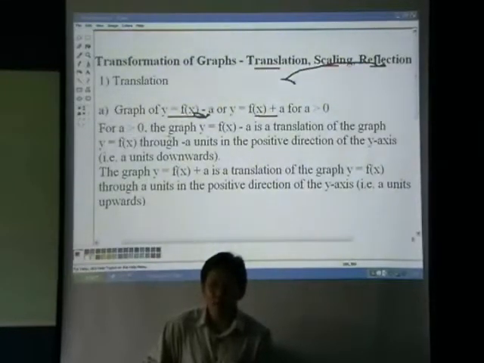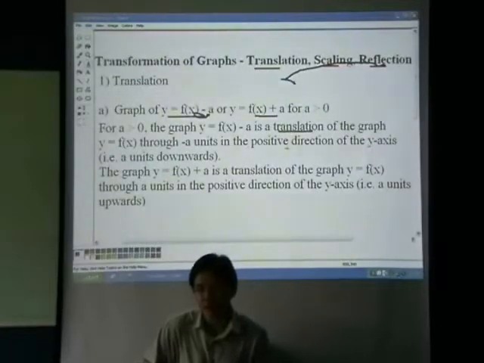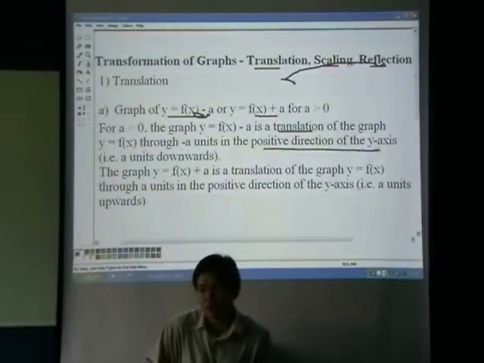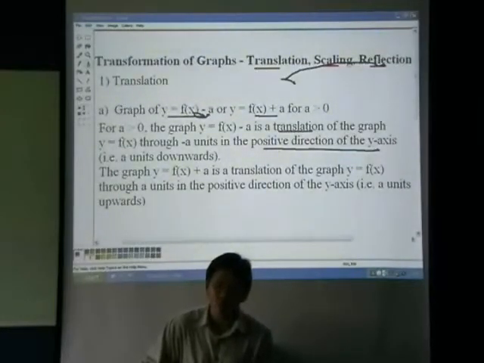For a greater than 0, the graph of y equal to f(x) minus a is a translation of the graph y equal to f(x) through minus a units in the positive direction of the y-axis. Okay, we always use the positive direction of the y-axis. We don't use the negative direction. By convention, we always use positive direction. And minus a units means that the graph is shifted downwards a units.